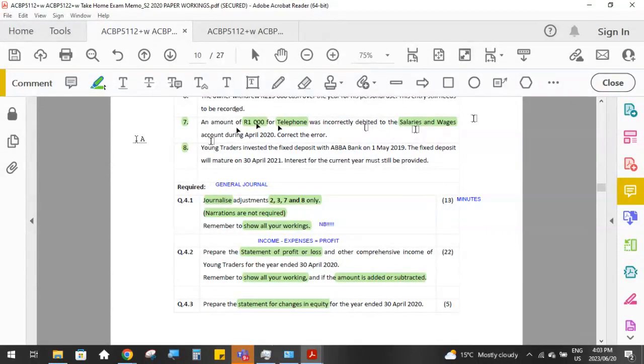Remember, we debited salaries and wages and credited bank. The fact that we credited bank is correct. It's only the debit to salaries and wages that's incorrect, and we must correct that part of the journal. So we've got to reverse the debit to salaries and wages and debit the telephone account, which was the account that should have been debited in the first place.